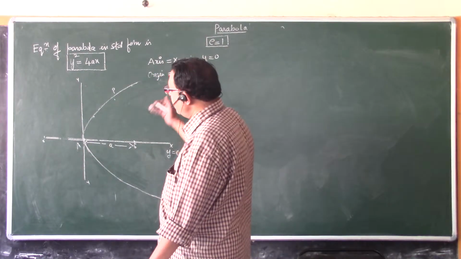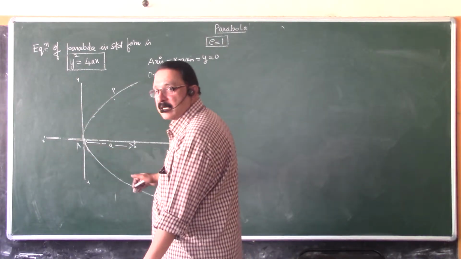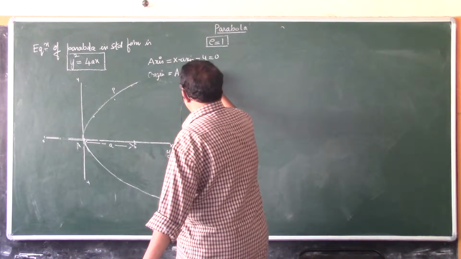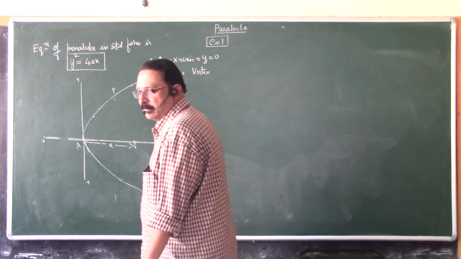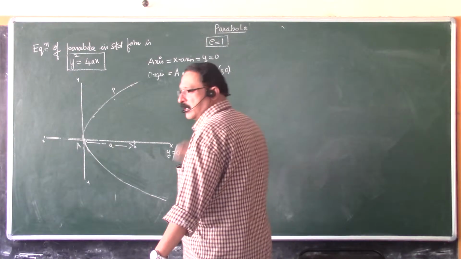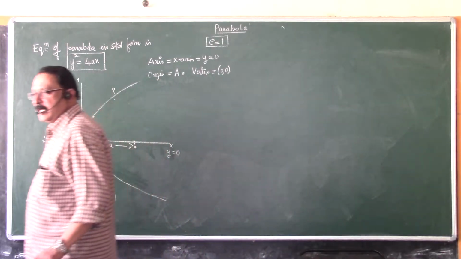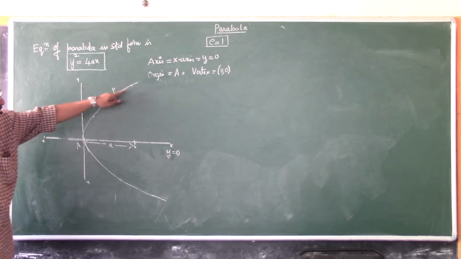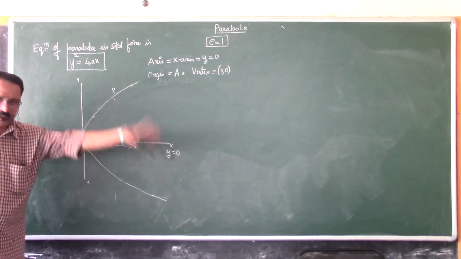It is the point where the curve takes the turn, and this is called the vertex of the parabola. The coordinates of the vertex are nothing but the origin, so it is 0 comma 0. So what is the vertex of the parabola? 0 comma 0. And what is the vertex? It is the point where the curve takes a blunt turn. It came from infinity and suddenly it changed its direction.